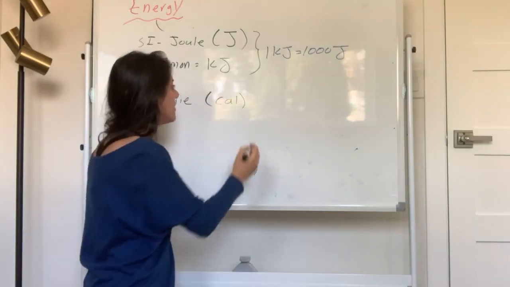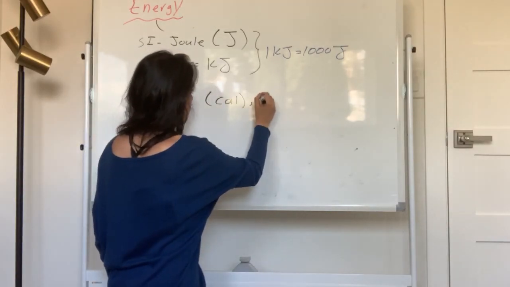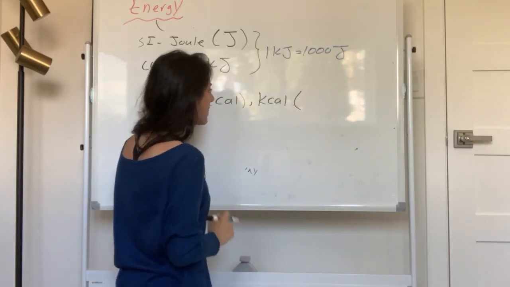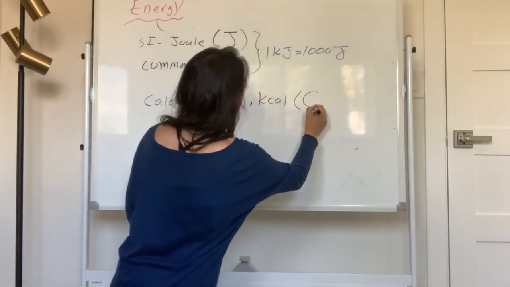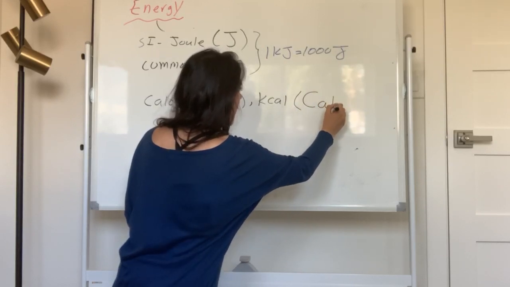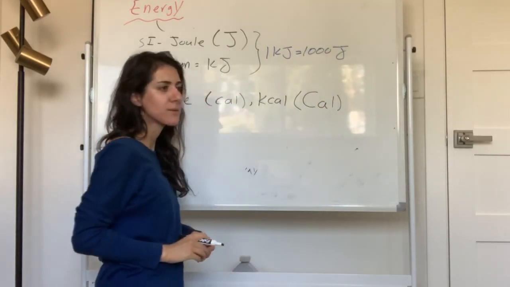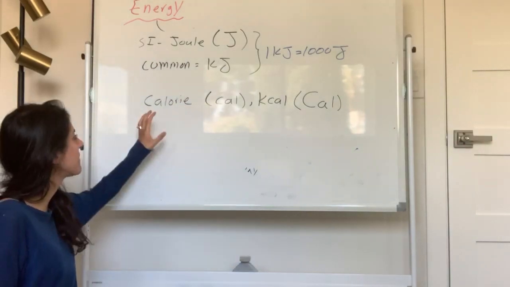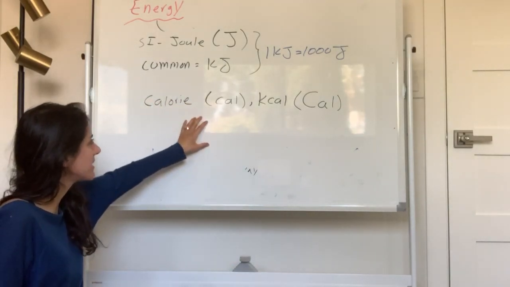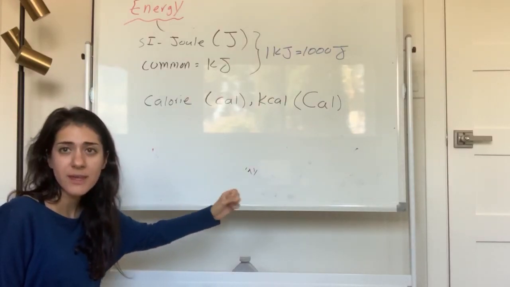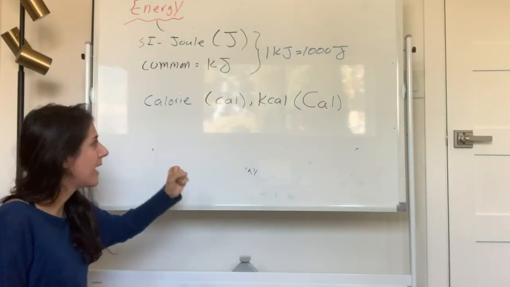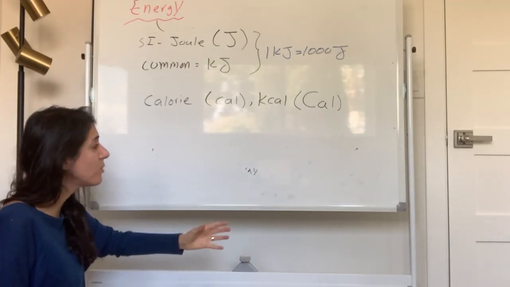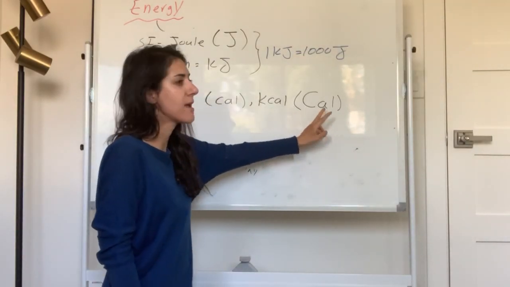But also kilocalorie, kcal, and the abbreviation for kilocalorie is uppercase Cal. So calories and kilocalories. Calorie, lowercase cal, and for kilocalorie, uppercase Cal.